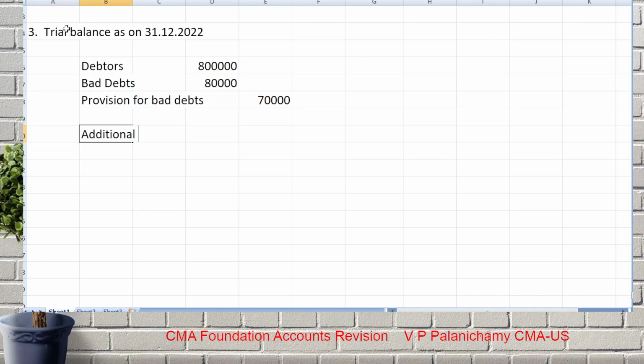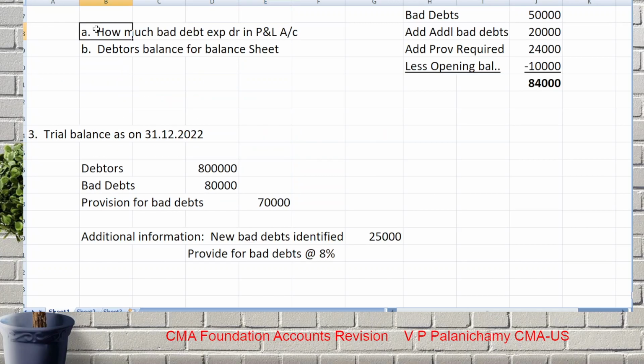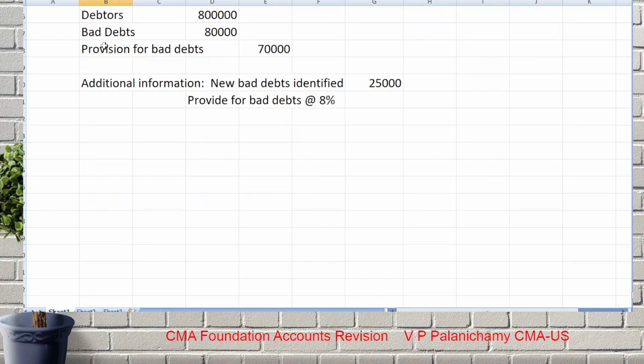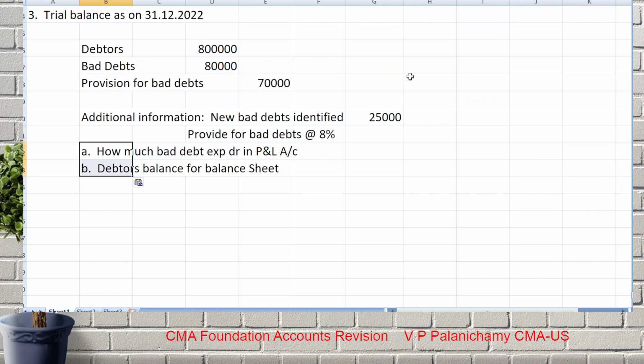Additional information: new bad debts identified 25,000. That's all. Question is same. Try it, you are going to try.